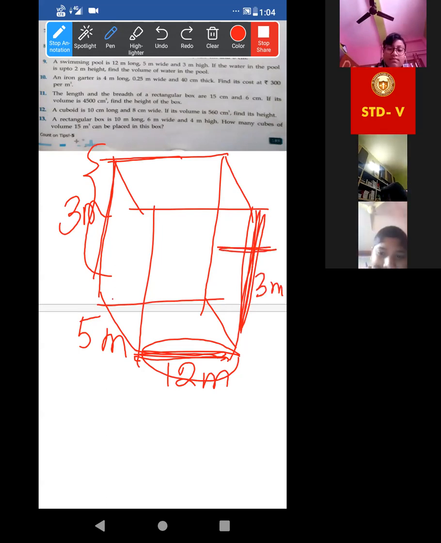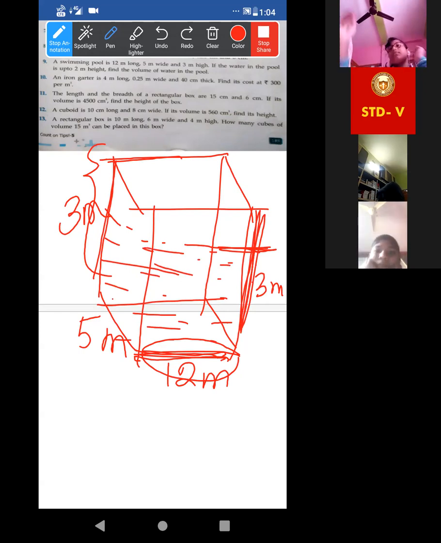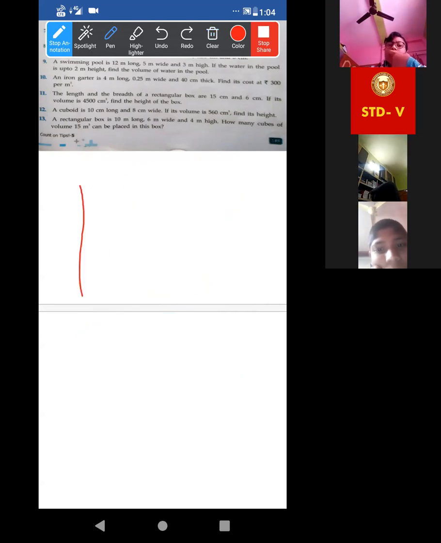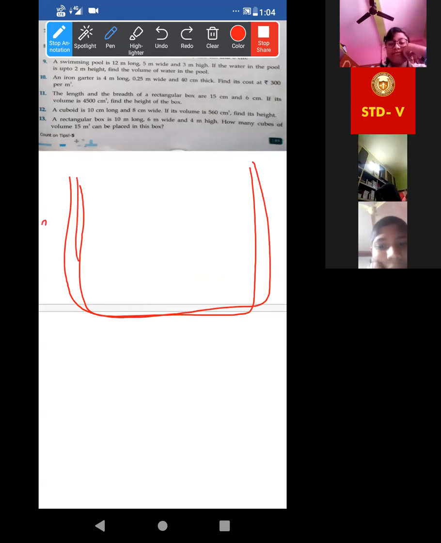That means only up to this the water is there. 1 meter extra. That 1 meter basically is empty, there is no water. So suppose the pool is in this way. It is 3 meter total, but the water is up to this. Understood now? Yes, ma'am.